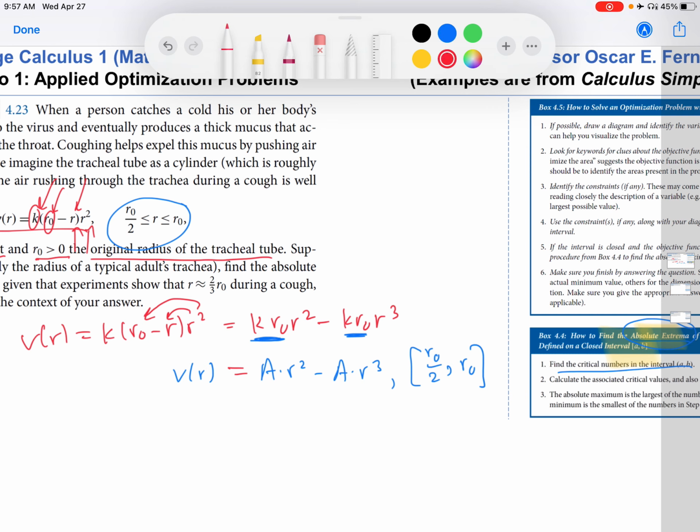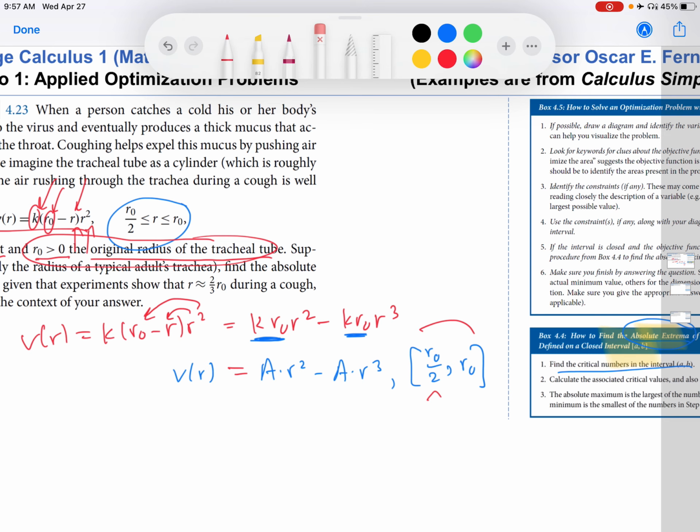So r is bigger than or equal to r sub 0 over 2, and less than or equal to r sub 0. This is the maximum that we are allowing in this model, the trachea to enlarge to, the original radius of the tube. And this is the smallest that we are allowing it to contract to.